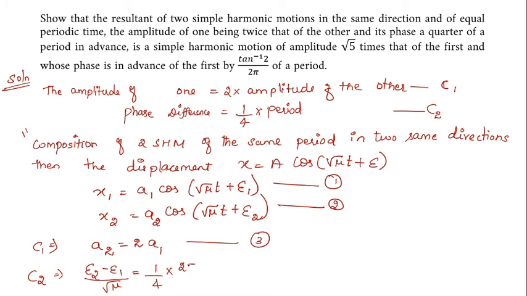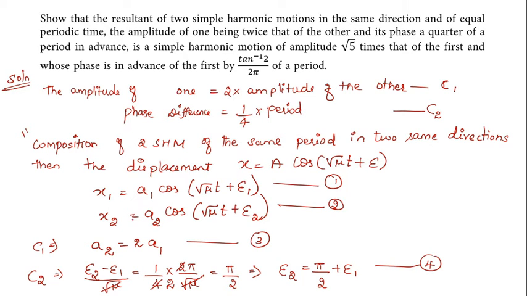Period is 2 pi by root mu. Root mu and root mu get cancelled, 2 and 4 get cancelled, remaining pi by 2. From this, epsilon 2 is equal to pi by 2 plus epsilon 1. Mark it as equation 4.